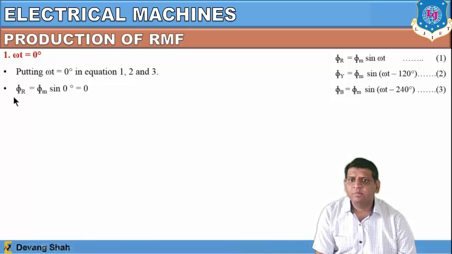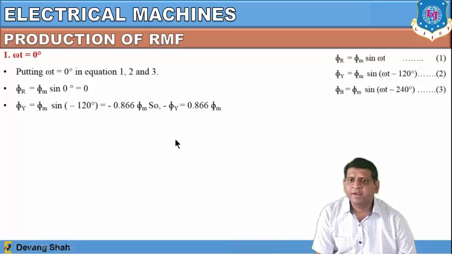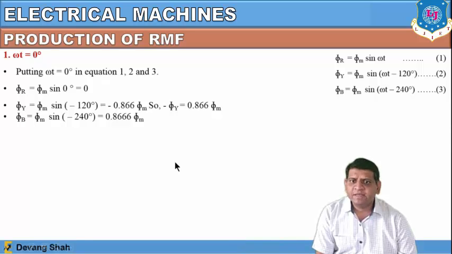Then phi R is equal to phi m sine 0, which becomes 0. Likewise phi Y is equal to phi m sine minus 120, which is minus 0.866 phi m. Phi B you will find is positive 0.866 phi m.